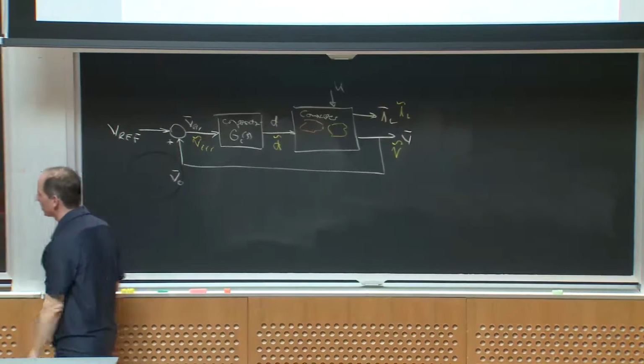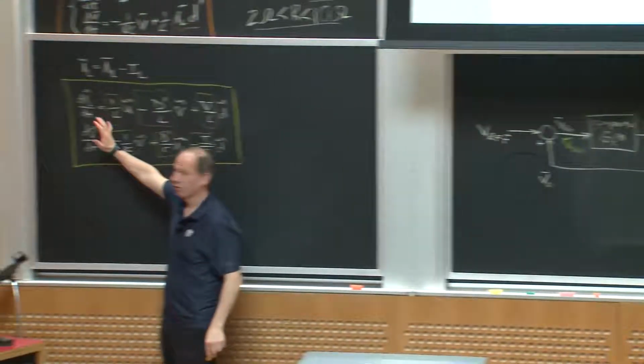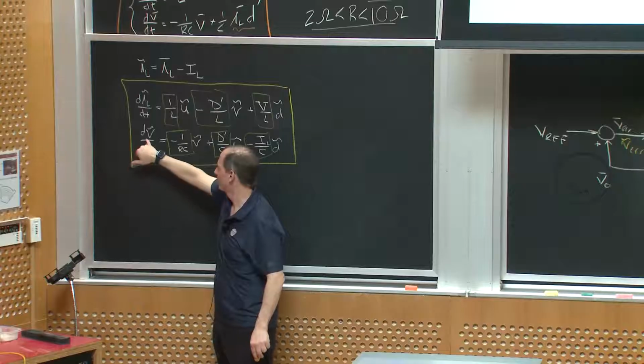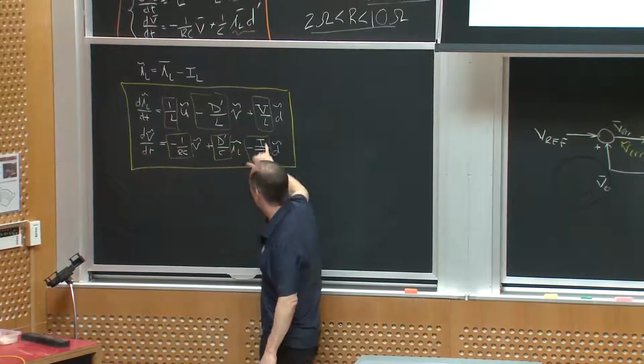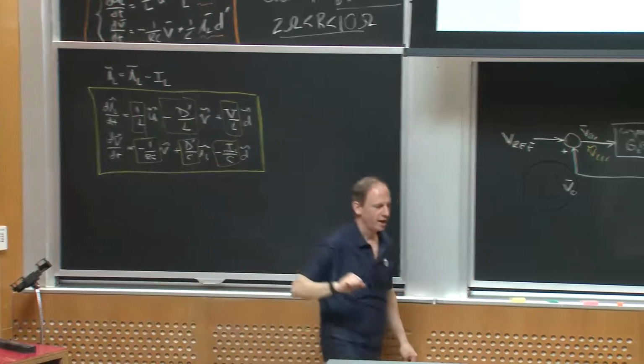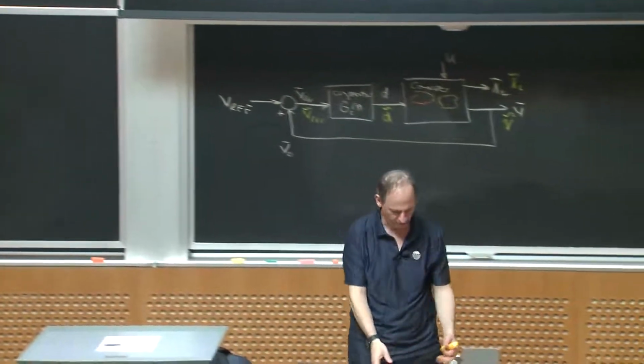Well, what we can do is take the Laplace transform of this thing. This d/dt becomes S times IL, and this becomes S times V, right? I can then eliminate IL from the equation, and I can actually come up with a transfer function.